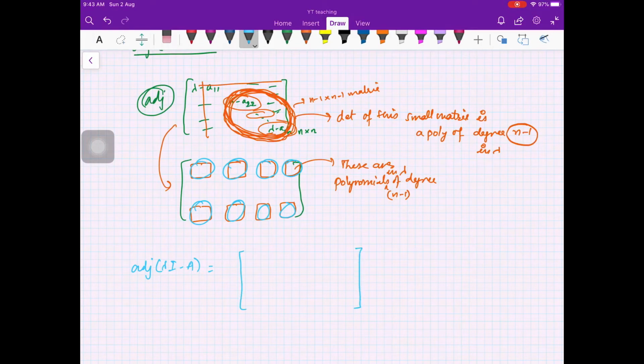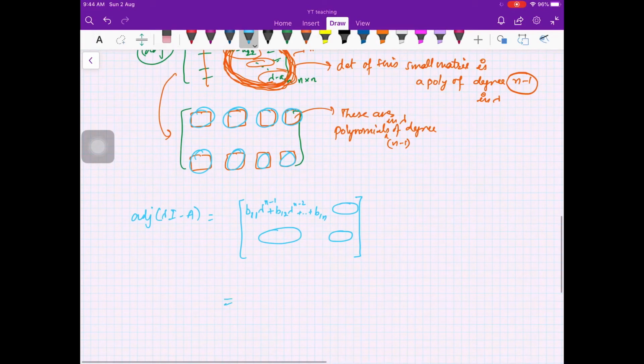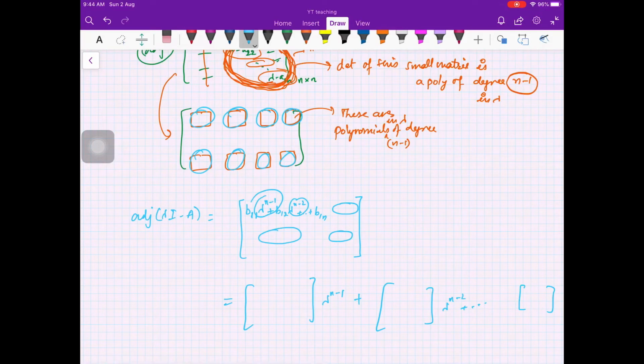Then the first term is a polynomial of degree n minus 1 in lambda, something like b11 lambda raised to power n minus 1 plus b12 lambda raised to power n minus 2, and so on, up to b1n, and similarly the second term, third term, fourth term. So what I can do is separate all the coefficients of lambda to the power n minus 1, plus all those of n minus 2, and so on. At the end you will get a constant matrix.